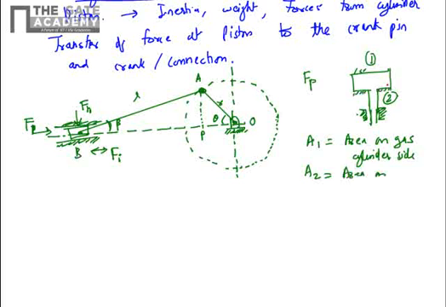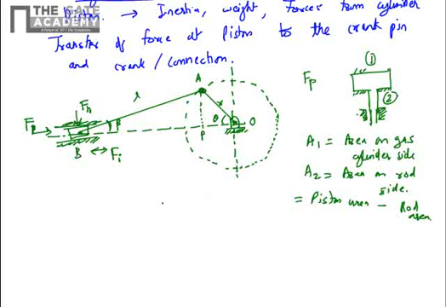That is the piston area minus the area of the piston rod.